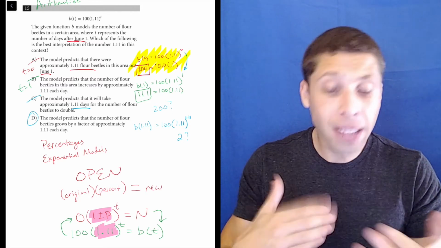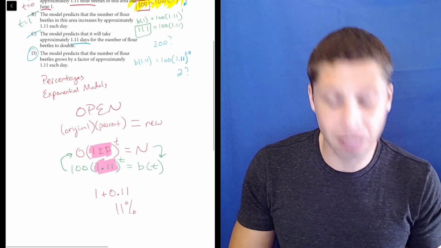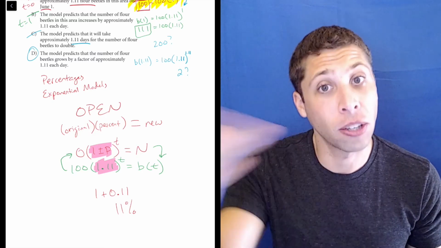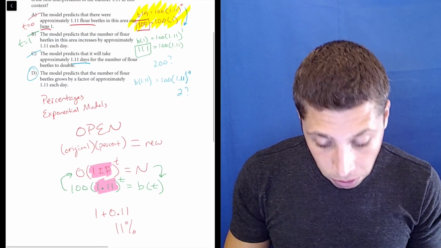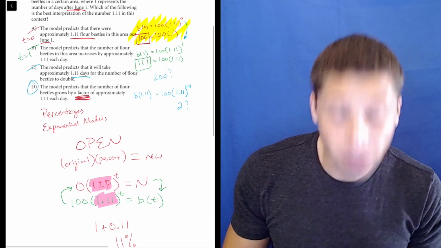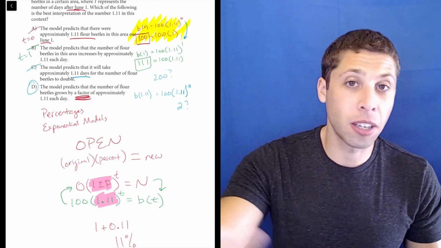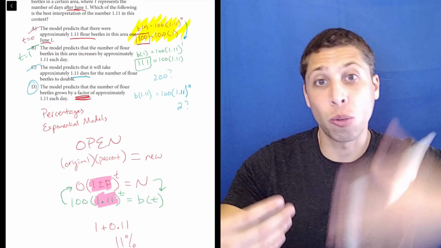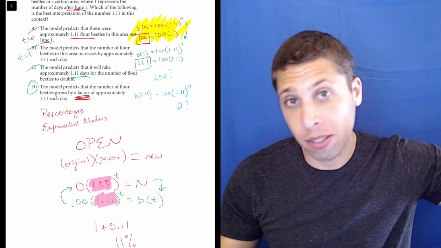If it's less than 1, it's going to be 1 minus p in that case, so you can do some subtraction to figure out how much of a decrease in percentage there is. But regardless, this word factor in choice D is doing a lot of good work. It's just another way of referring to this component of an exponential equation. It's how much we're multiplying by to increase the amount.